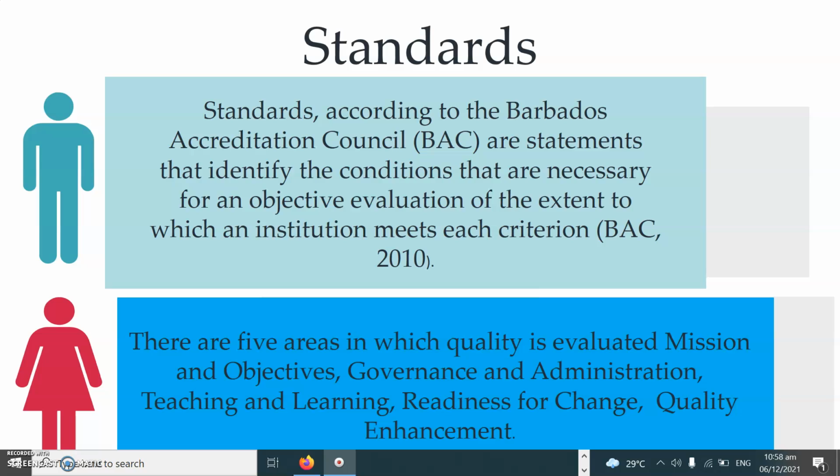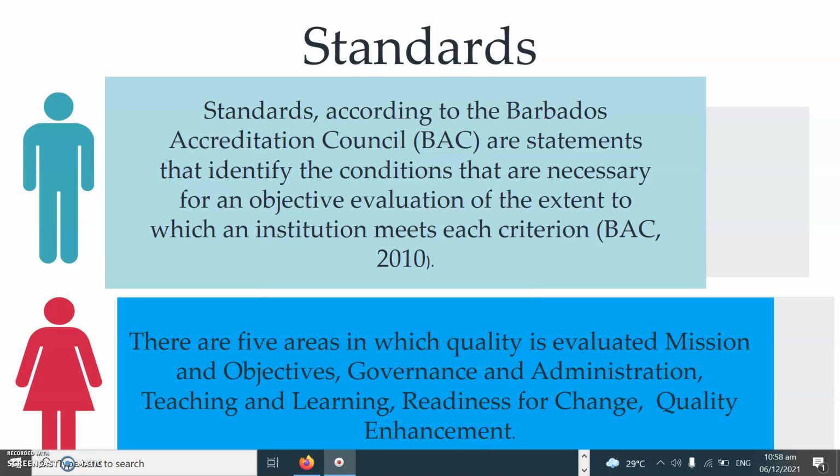There are 5 areas in which quality is evaluated: missions and objectives, governance and administration, teaching and learning, readiness for change, and quality enhancement. For our evaluation, we will be using 4 of these: mission and objectives, governance and administration, teaching and learning, and quality enhancement.